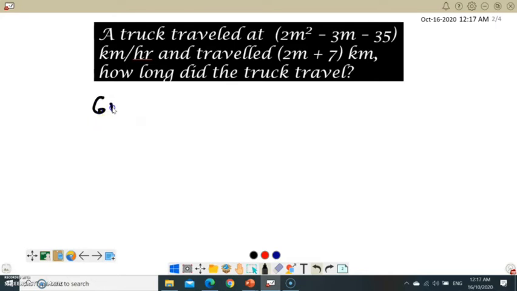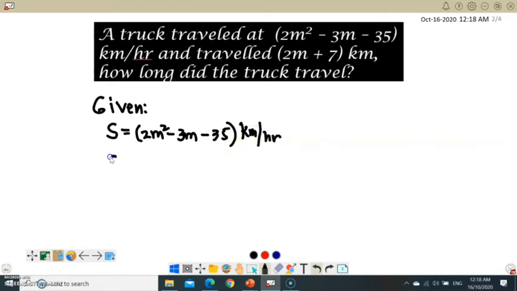So the given here are the speed of the truck, which is equal to 2m squared minus 3m minus 35 kilometers per hour. The distance is equal to 2m plus 7 kilometers. So we are looking for the time. How long did the truck travel?